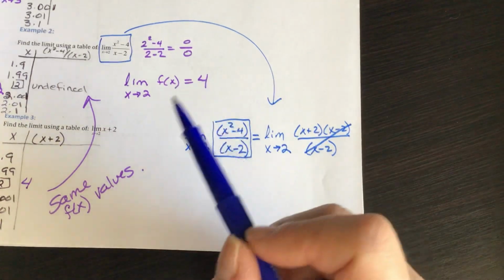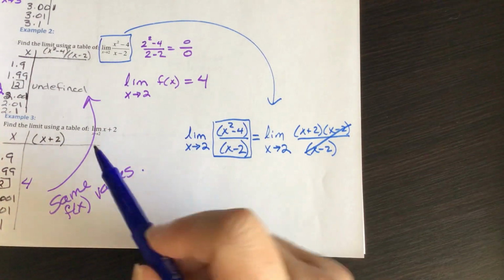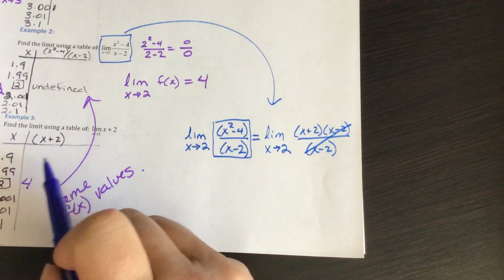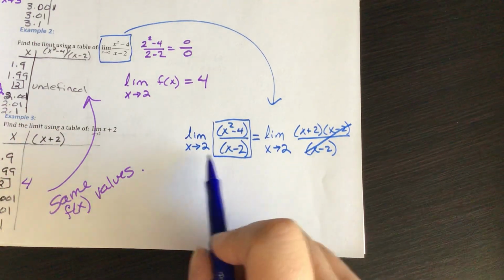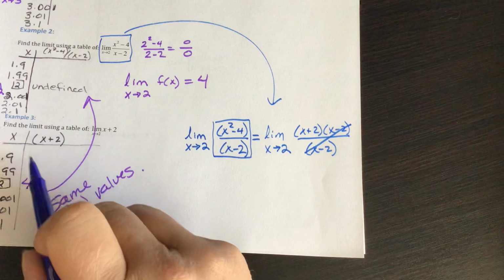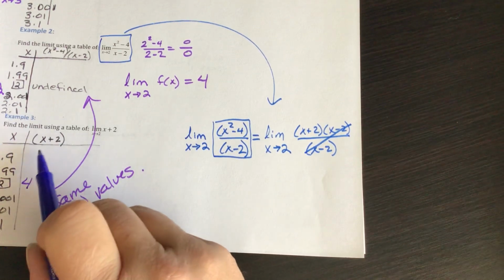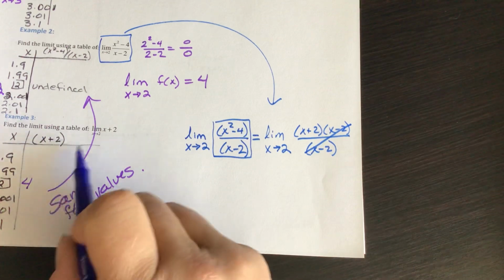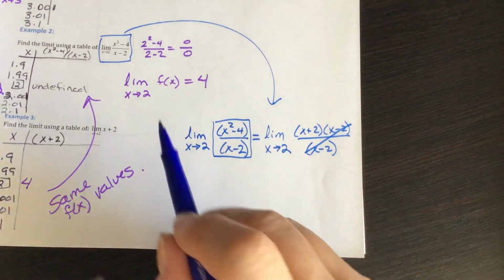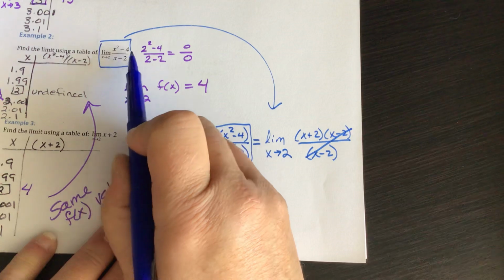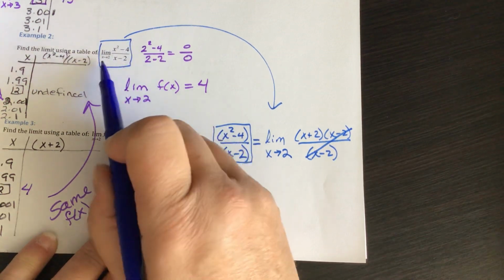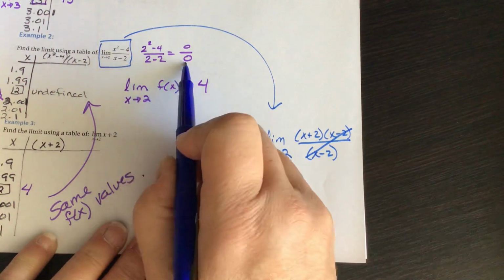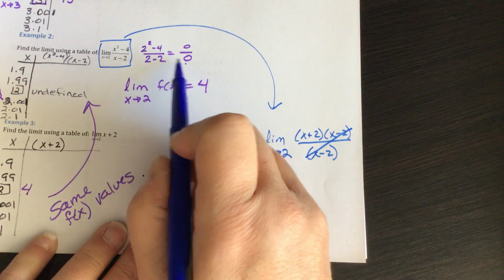All right, so when we were studying polynomials, remember, if we have a continuous function, and this is a continuous function, I can just plug the value of 2 in, and 2 plus 2 is 4. That would be my limit. But sometimes I can't plug the value in. If I plug in 2 here, we noticed I got the 0 denominator.